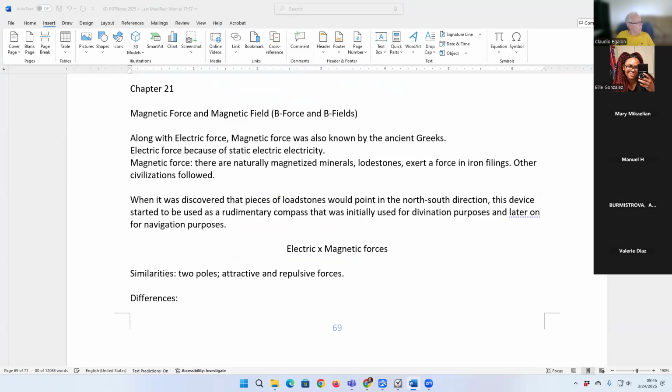The difficulty of electricity and magnetism is that we are dealing with invisible concepts, and that's the main challenge of this course, okay? The way that we figure out how to make the invisible visible is by using the mathematical tools that we have, like vectors, right?